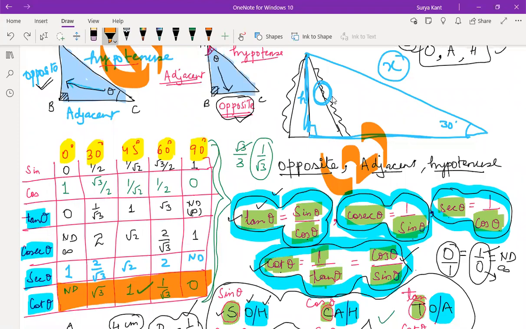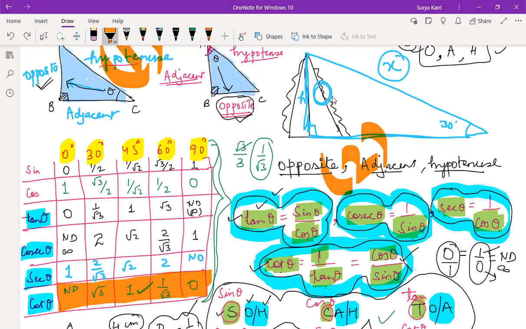So tan theta is the ratio of sine theta and cos theta. Sine 0 is 0 and cos 0 is 1, so 0 by 1 is 0. Sine 30 is 1 by 2 and cos 30 is root 3 by 2; divide both and you get 1 by root 3.